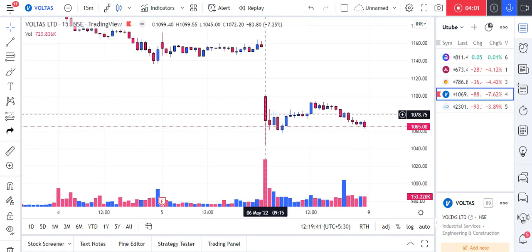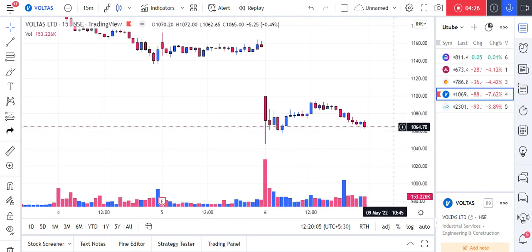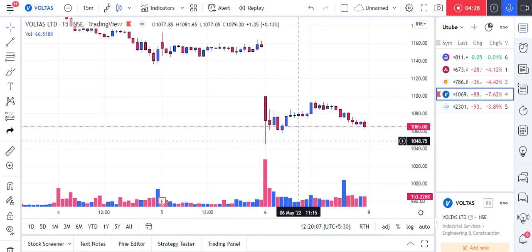For a stock which is trading at a price of around a thousand or so, this one candle's price range of nearly 46 rupees is very big. If such a big candle is formed in the first few minutes itself, then the whole day the price will move within this range. So that's why we didn't get that much movement.